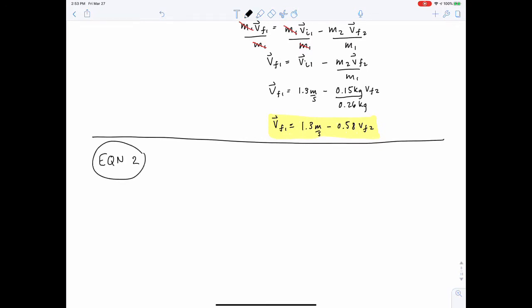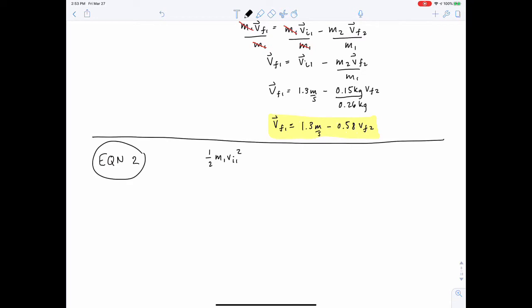Equation 2. We know that the first ball is moving, M1, but the second ball is at rest. So we know that in the initial situation, only M1 has a kinetic energy equal to 1 half M1 V initial 1 squared.